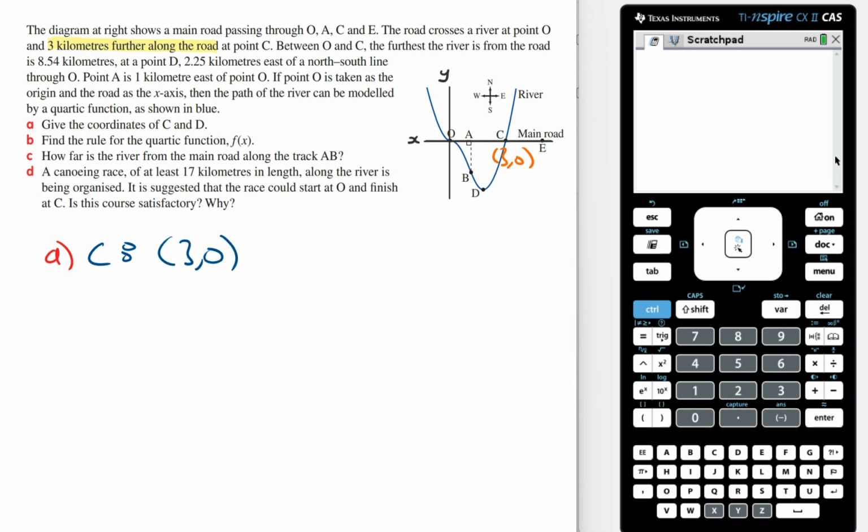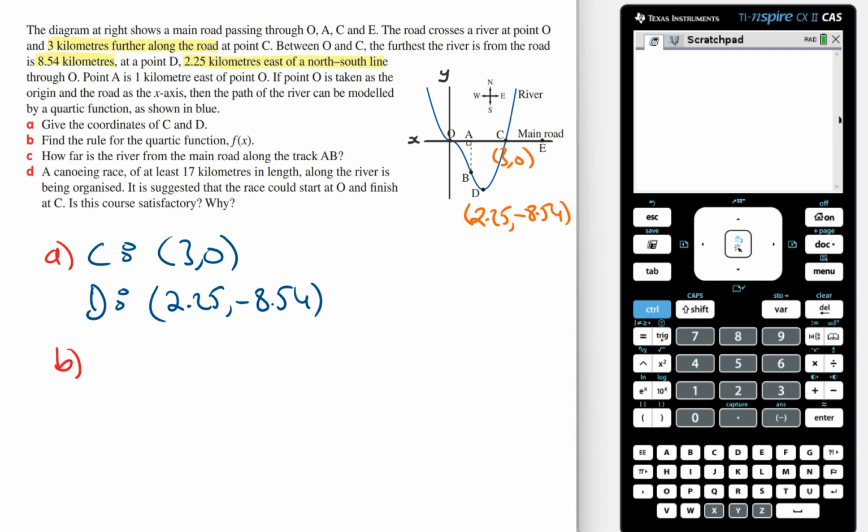The point D is the furthest the river is from the road, and we're told that this distance is 8.54 kilometers and 2.25 kilometers east of the north-south line, which is the y-axis. And so the coordinates of the point D are going to be (2.25, -8.54), since this is below the x-axis.